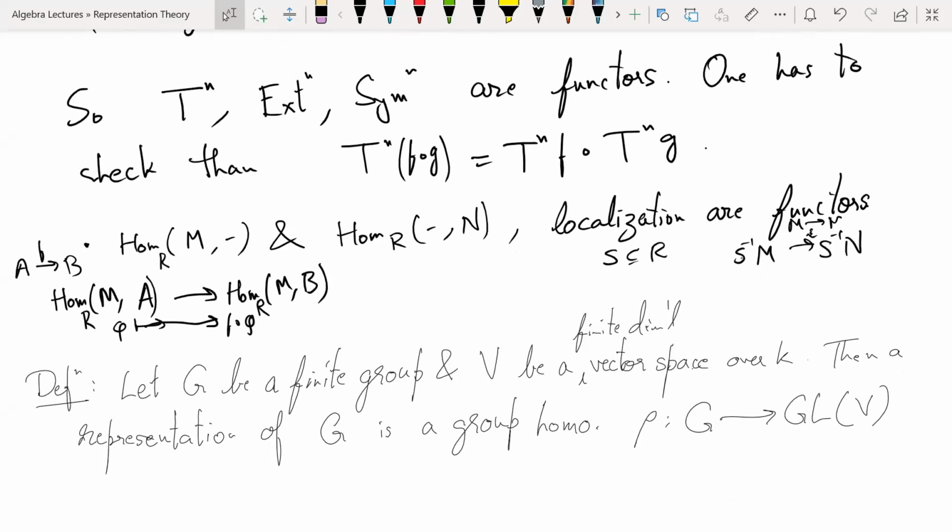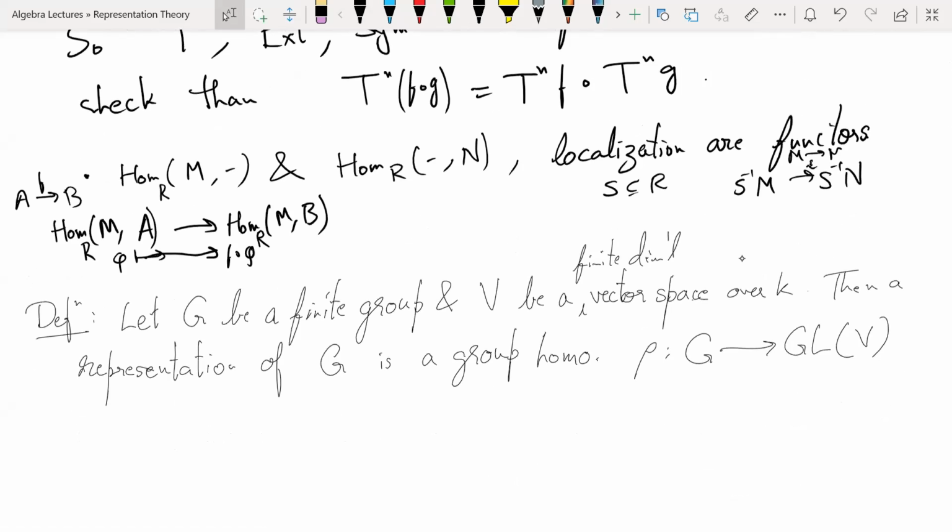Okay, so let's get to representation theory. So let G be a finite group, V be a finite dimensional vector space. Then a representation of G is a group homomorphism. There are various ways of defining it, but the shortest way is to say that it's a group homomorphism from G to GL(V).